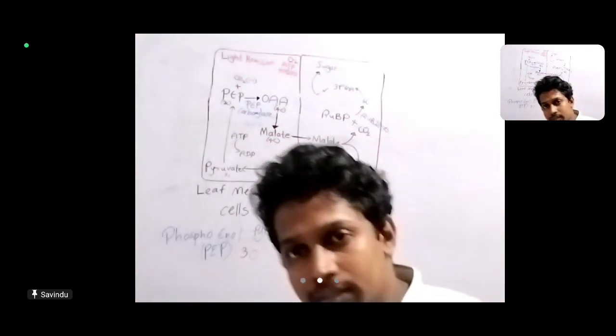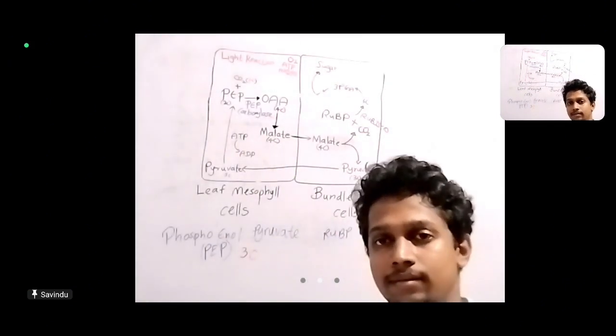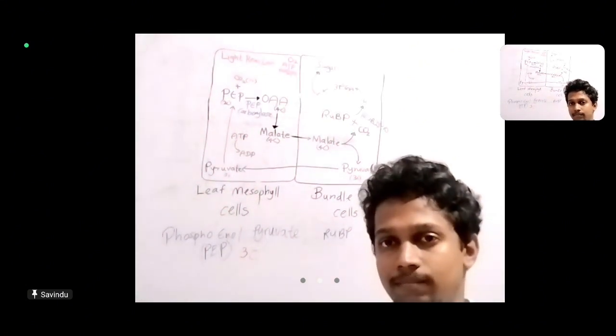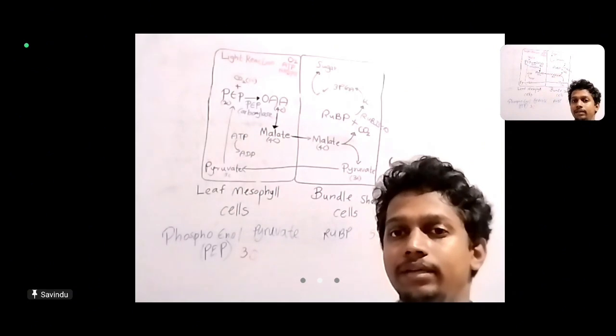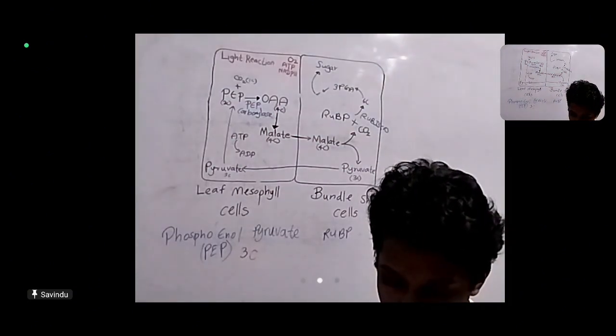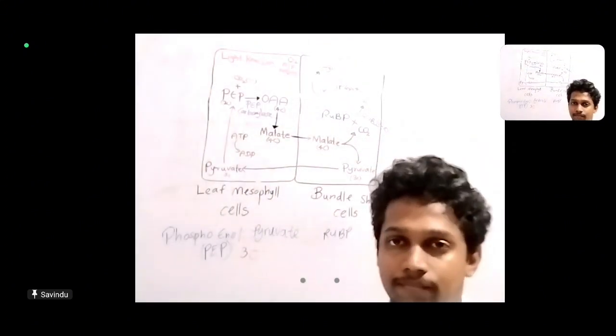Next point, malate diffuses to bundle sheath cells.